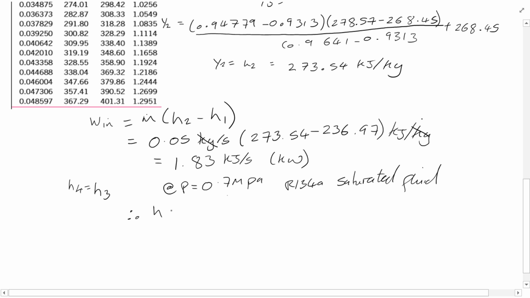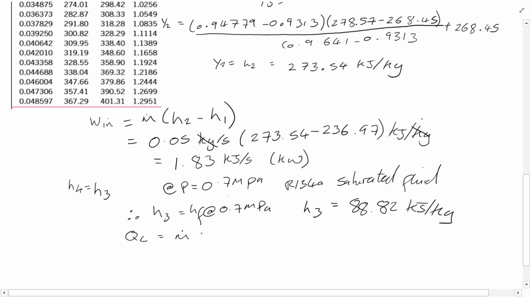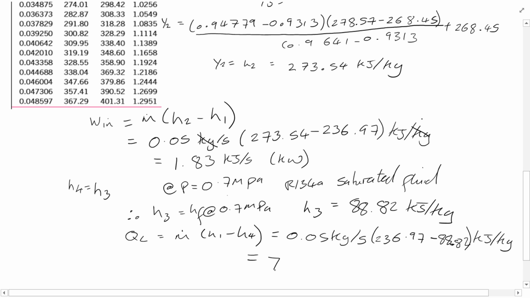Therefore, from the table, H3 is equal to Hf at 0.7 MPa, and H3 is equal to 88.82 kilojoules per kg. So finding QL is now just a simple calculation. QL is equal to m dot (H1 minus H4), which is equal to 7.41 kilowatts.